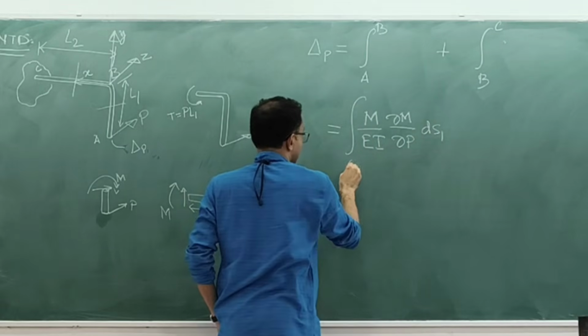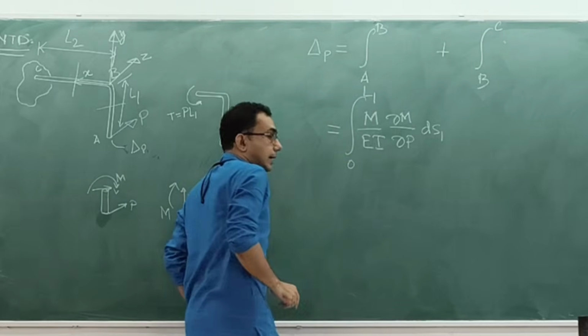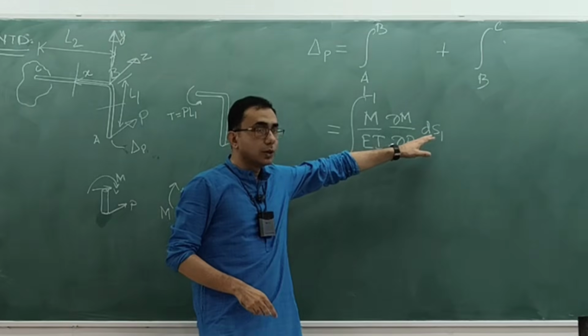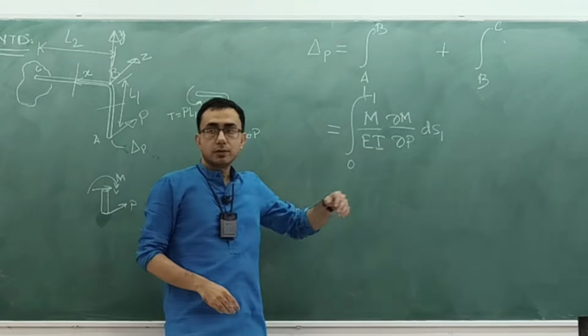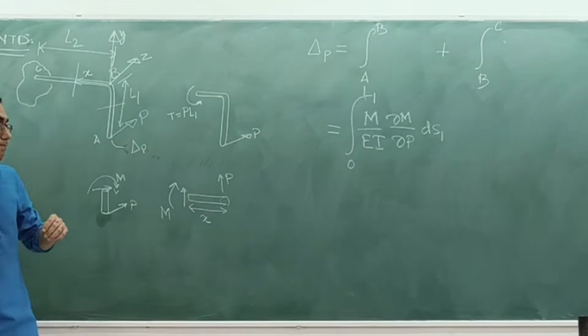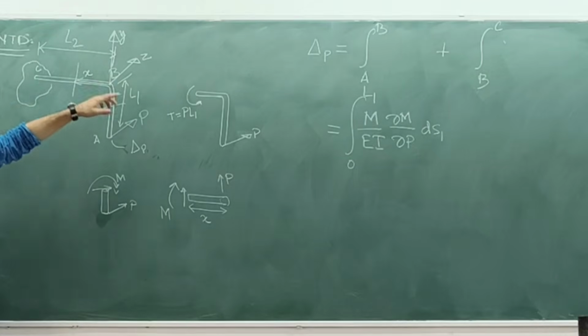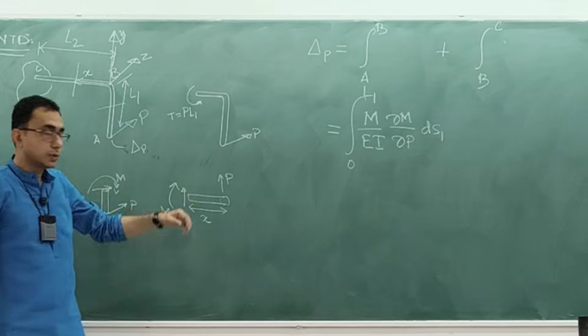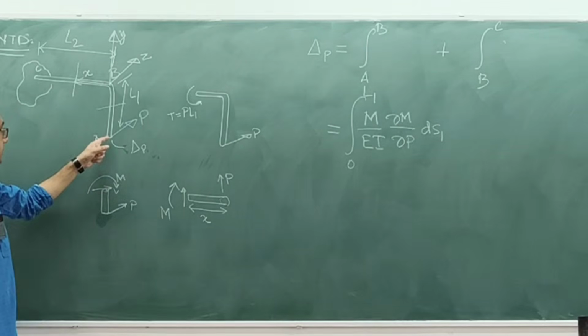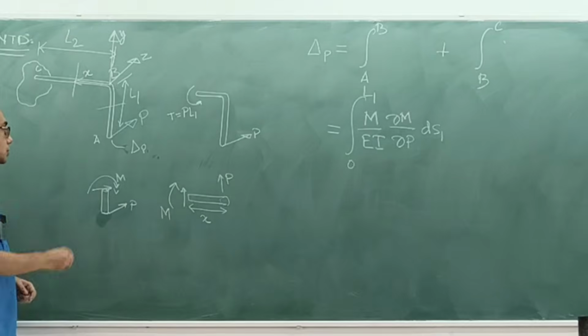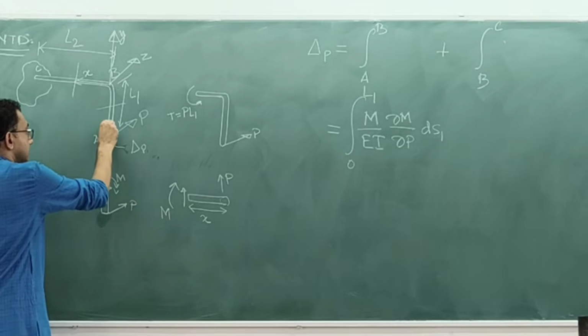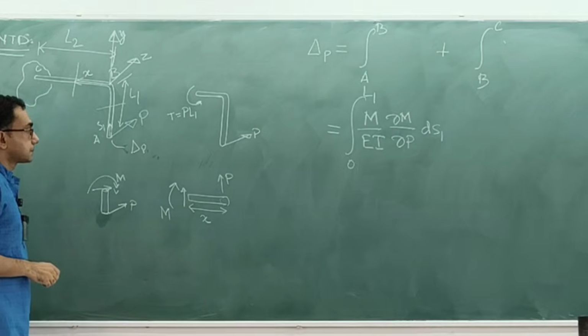This S1 will go from 0 to L1. I am deliberately choosing a different coordinate system here. Because my y is placed over here, I don't want to make a mess of it. So my S1 will go from this 0 to L1. So it is something like this. This is my S1.